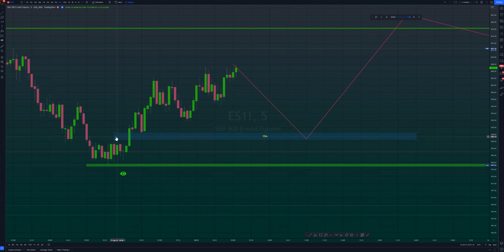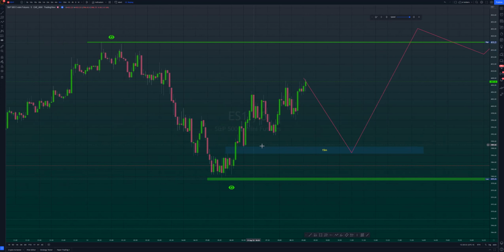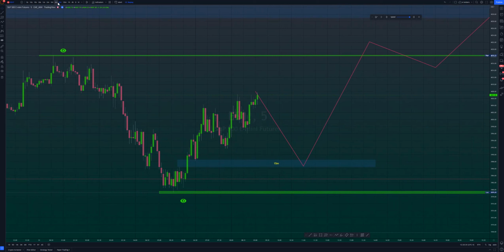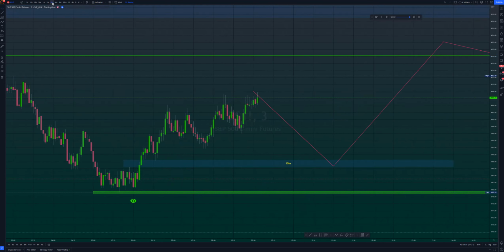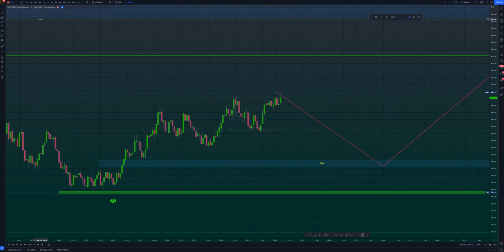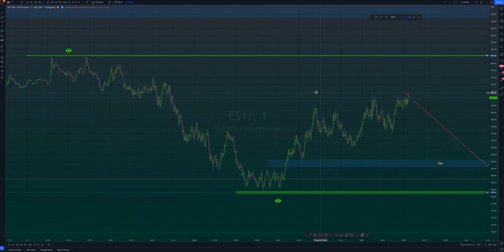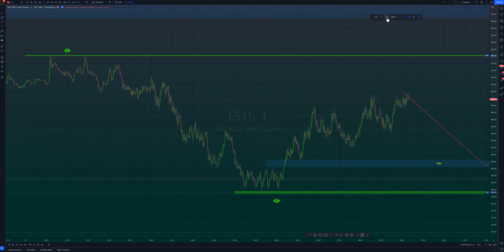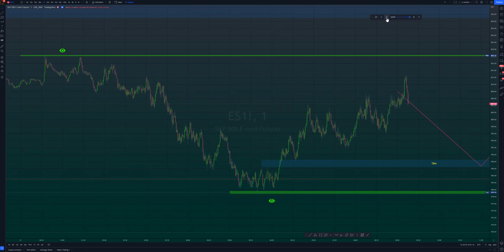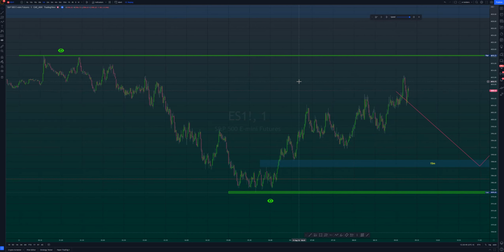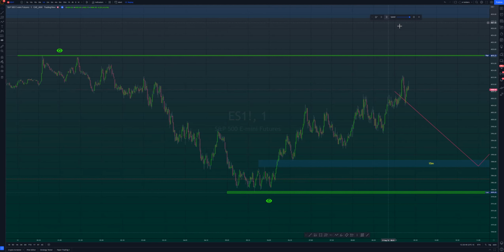Here also we can see that we have the fair value gap on the 5 minutes. And also we can see that the price started to build another equal highs here.